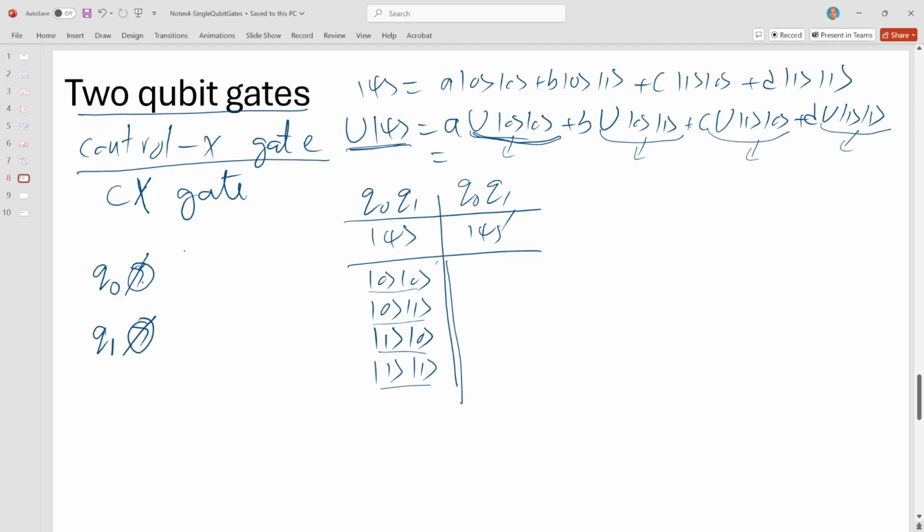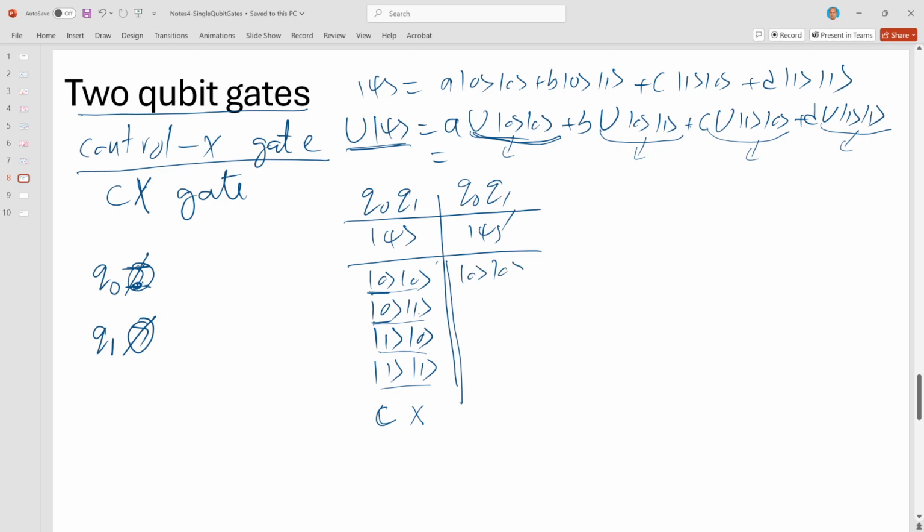So suppose we want a gate that does the following: the left side is a control qubit and the right side is the qubit where we want to perform an X gate. If the control qubit is in the 0 state, suppose it's a 2-level system, so this is in the ground state, we don't want to do anything to the second qubit.